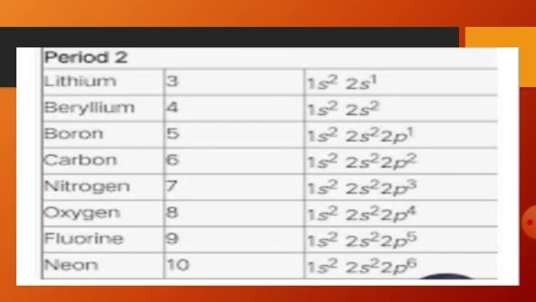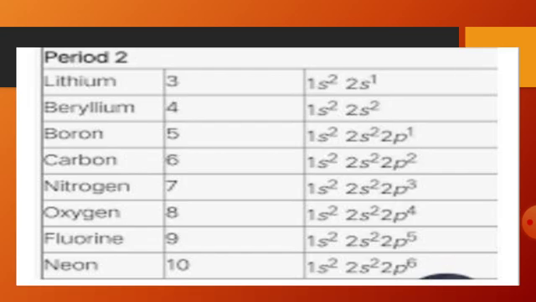So here you see the atomic number increases 1 by 1 along the period, and the electrons also increase by 1. So the electrons are increasing by 1, and moving into the corresponding shells and subshells. 2s1 changes to 2s2. Now 2s2 is completed, the electron will move to 2p1.